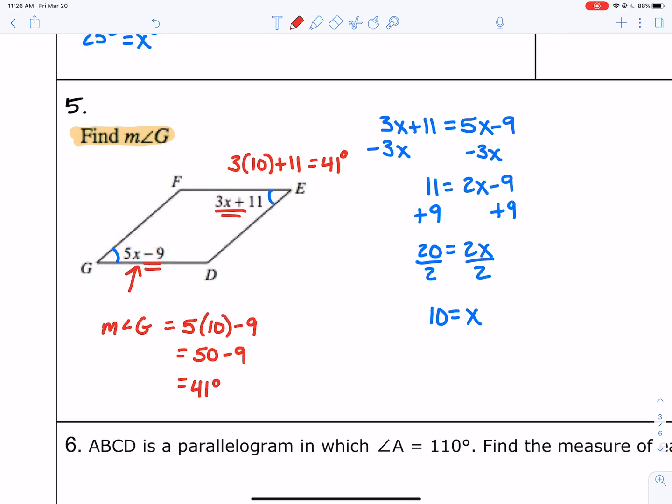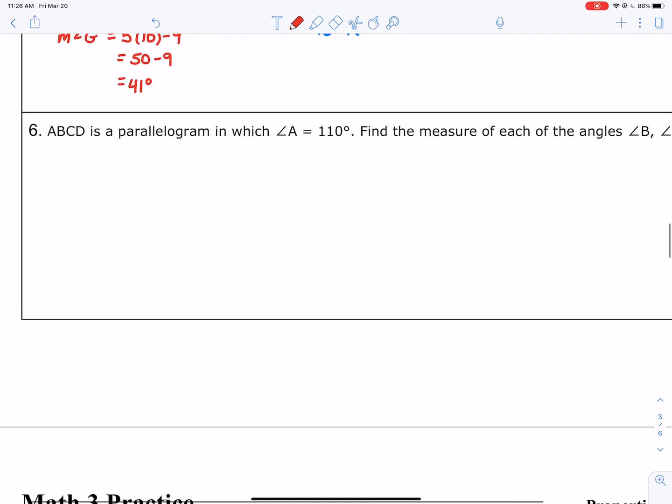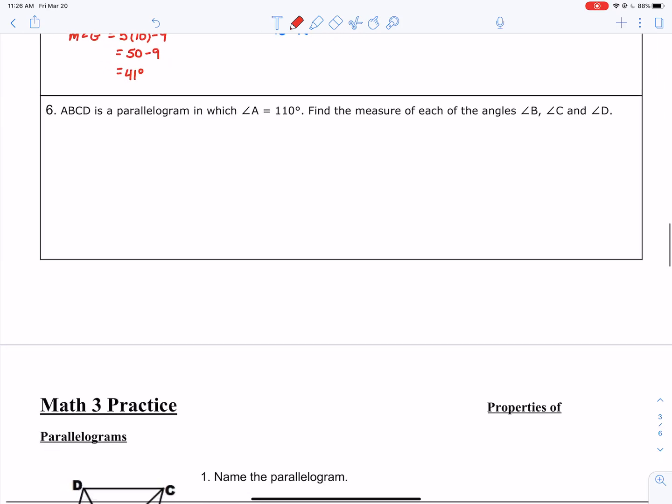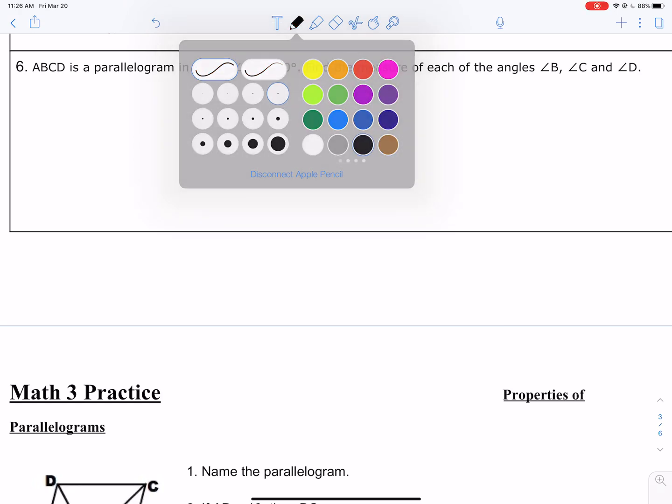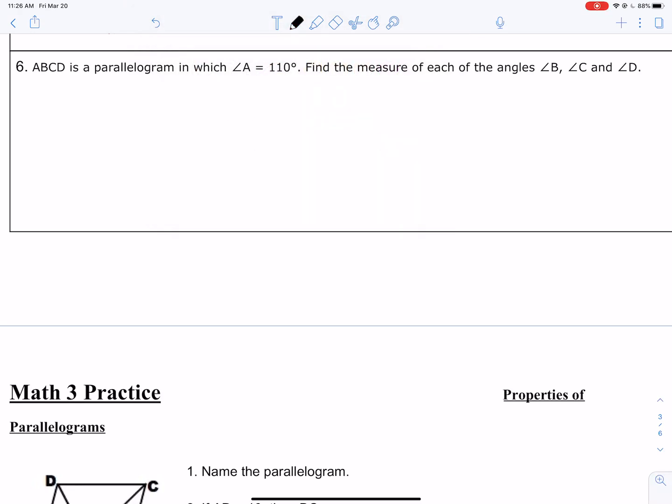All right, now the last example is a good one because it doesn't draw a parallelogram for us. We need to draw the parallelogram ourselves. So it says ABCD is a parallelogram. So sketch what kind of looks like a leaning rectangle on your paper. And then you always want to label it going around the figure.